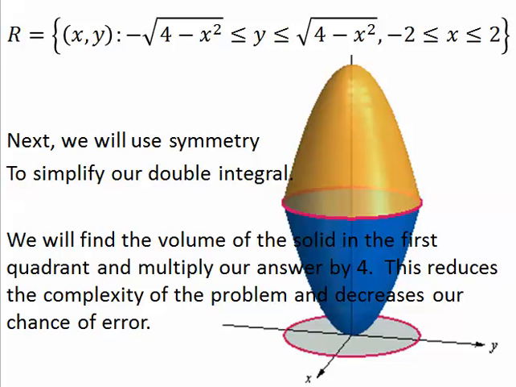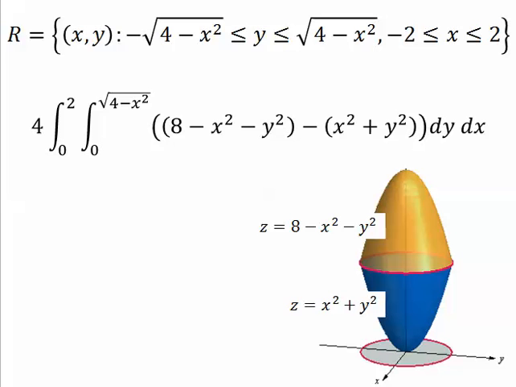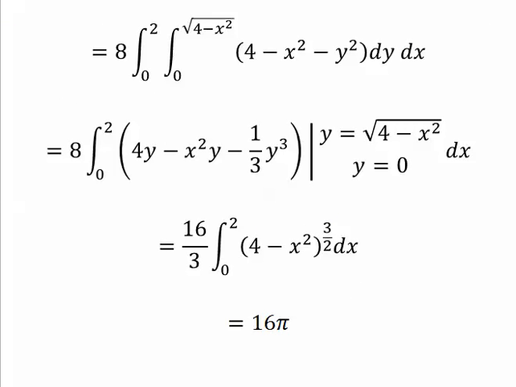This not only reduces the complexity of the problem, it decreases our chance of error. So we've got it multiplied by 4, and you can see that we're staying in the first quadrant. And this is the problem finished up.